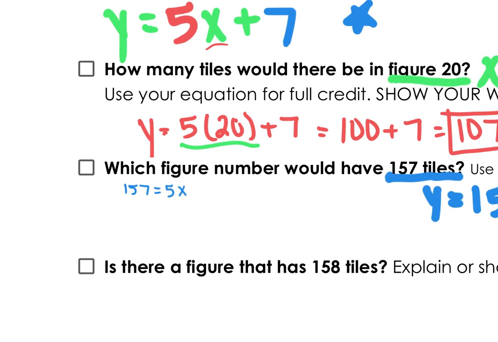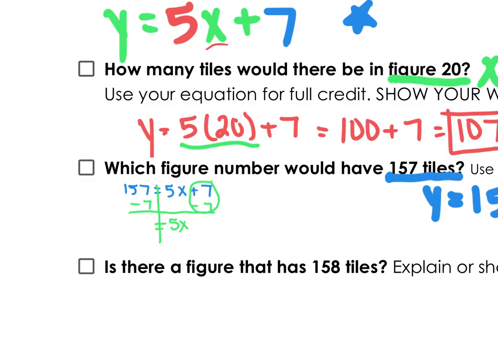5x plus 7. Now we want to use our skills that we learned when we used algebra tiles to solve for x. I see that there's a 7 on this side, so I want to take away 7 from both sides. We're removing the same so that I can create a 0 pair here, and I'm just left with 5x on this side. We are getting x by itself.